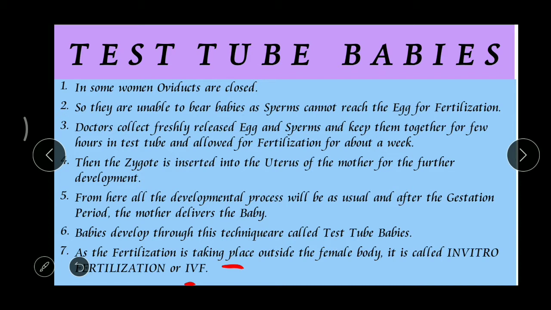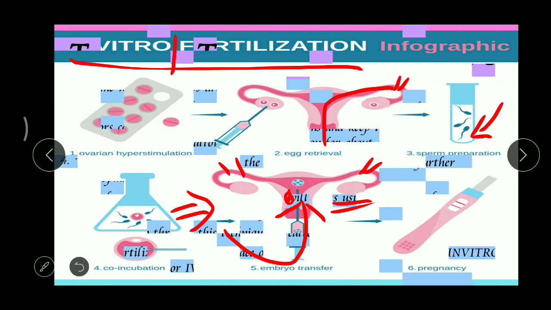It means outside the female, or outside the mother. That's why we call it in vitro fertilization, as the fertilization is taking place outside the mother. Clear, children? Now let's go to the next topic.